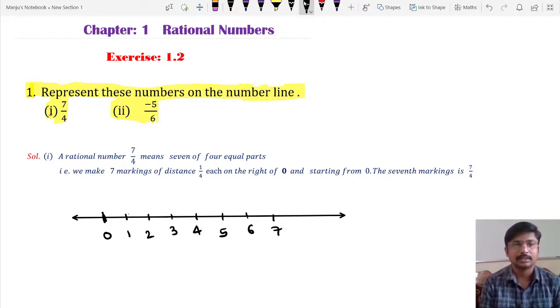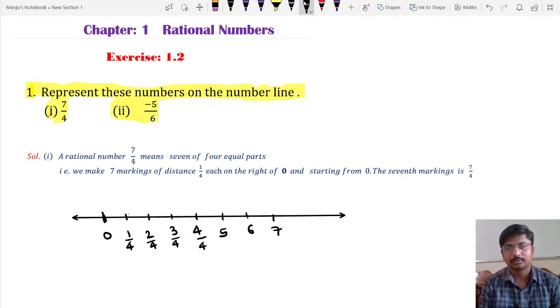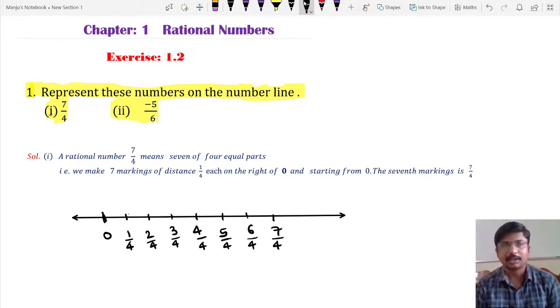Now we will divide each number by 4: 1/4, 2/4, 3/4, 4/4, 5/4, 6/4 and 7/4. Okay, this is the number line.